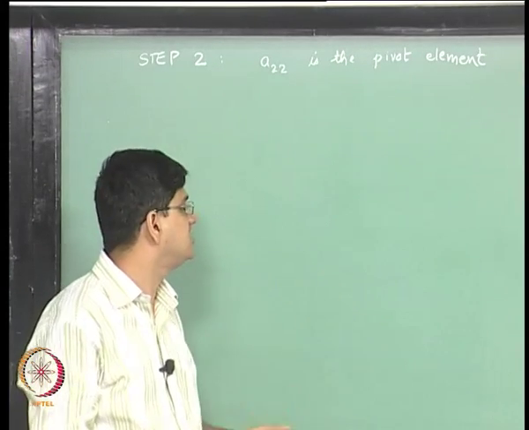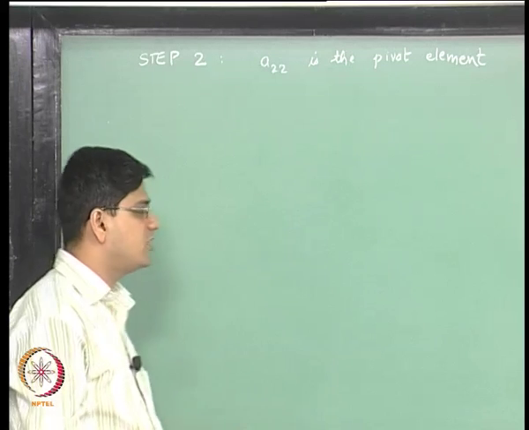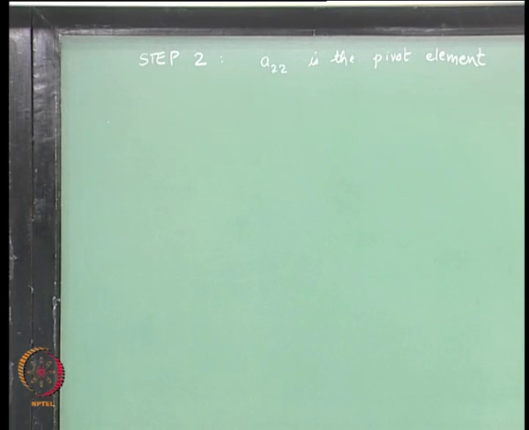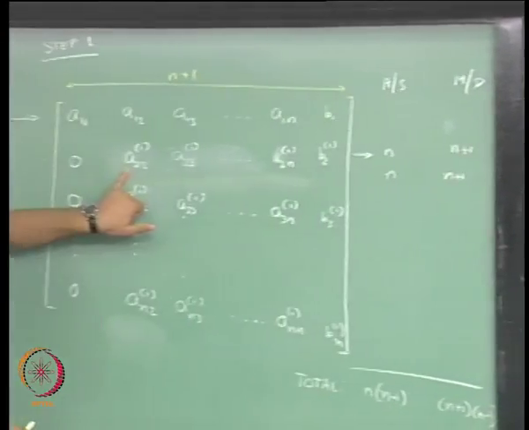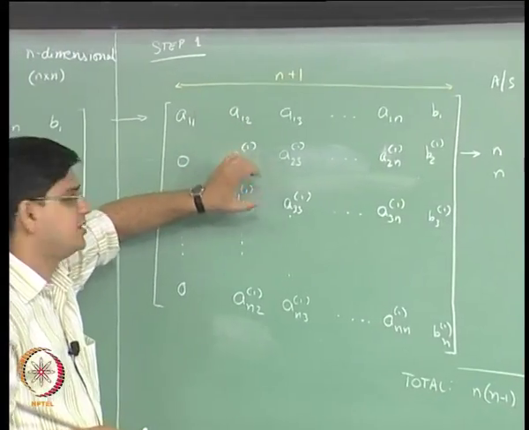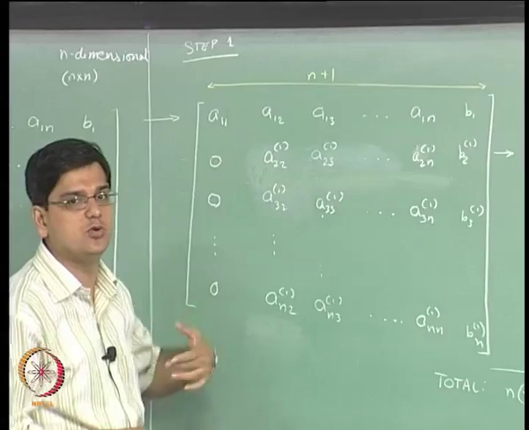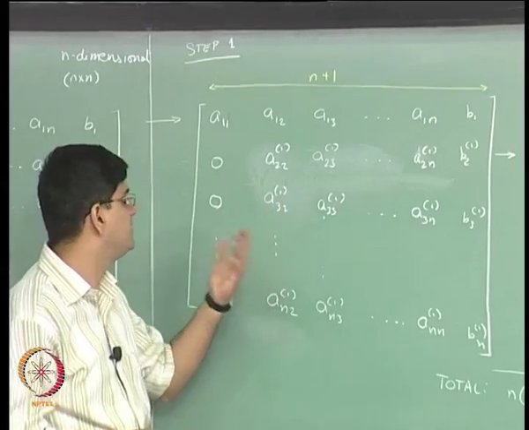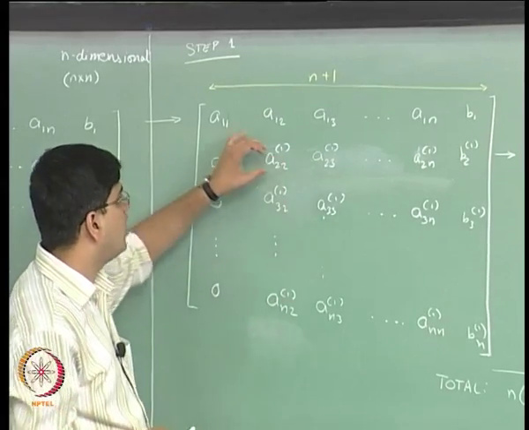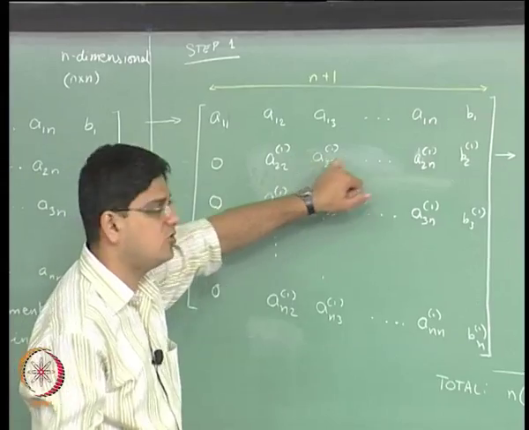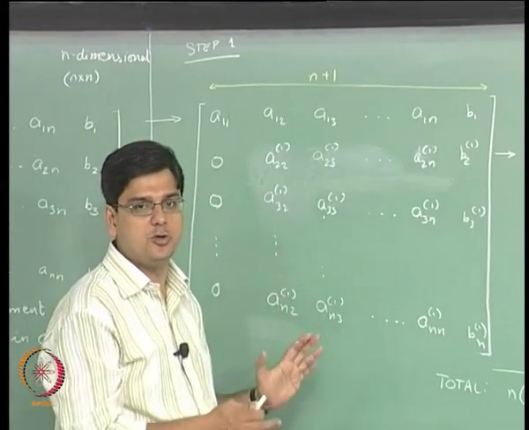That would be extremely inefficient to do. What we are going to do is, as I have written over here, as soon as this particular computation is done, the original number that we had over here, A22, is going to be replaced by A221.